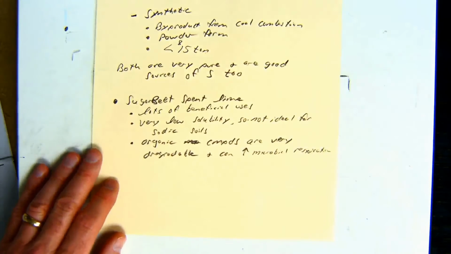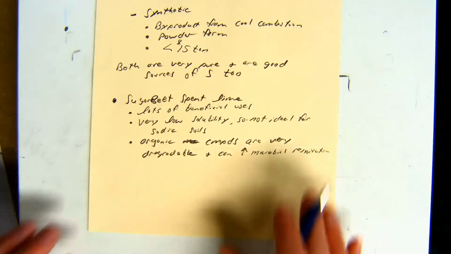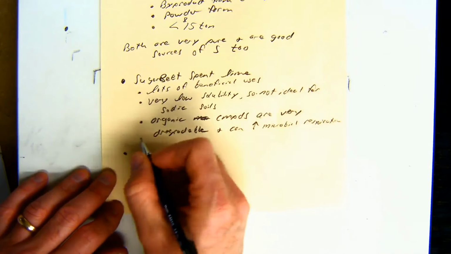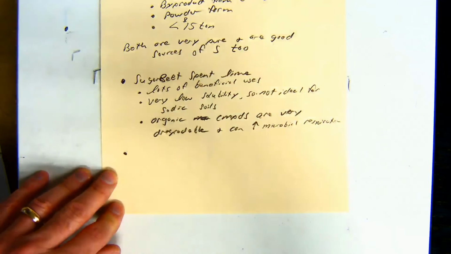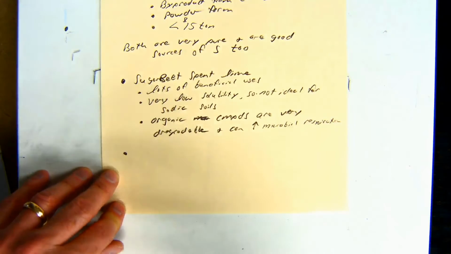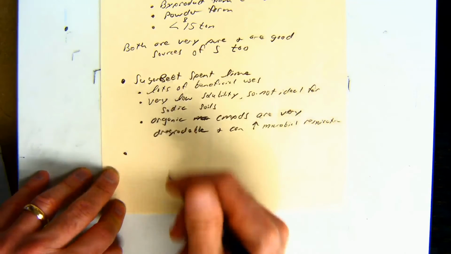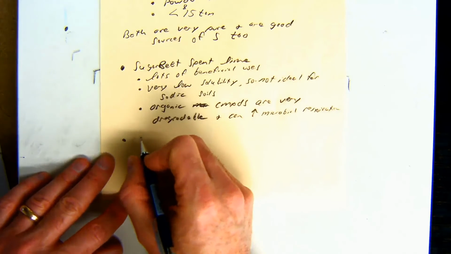Every time you add this sugar beet spent lime, microbial respiration goes up. So it can be a very good microbial additive, if you will, because there are microbes in the process, and you add those to soil, and the fact that you have all these very degradable organics. When you add to the soil, it's kind of like adding a little bit of sugar, and therefore the microbes do like sugar, not unlike myself.